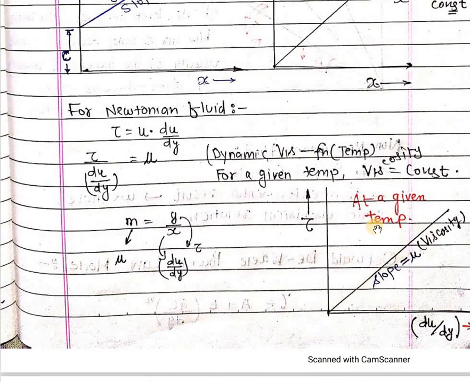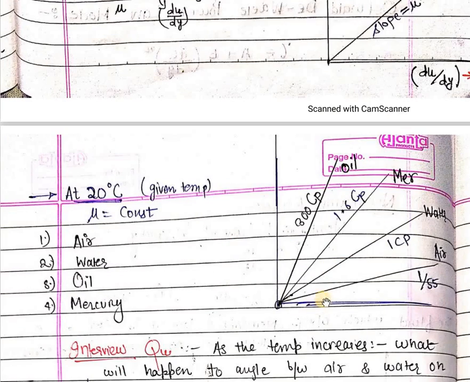So for a given temperature, because we know that viscosity or dynamic viscosity is directly depending upon the temperature and is nearly independent of variation of pressure. So at 20 degrees Celsius we have some values of dynamic viscosity for different types of fluid, which is constant.